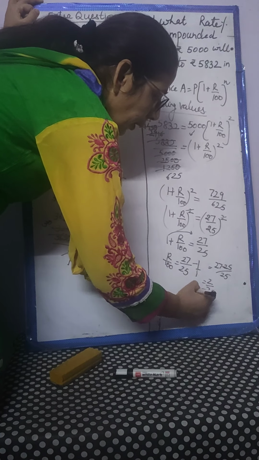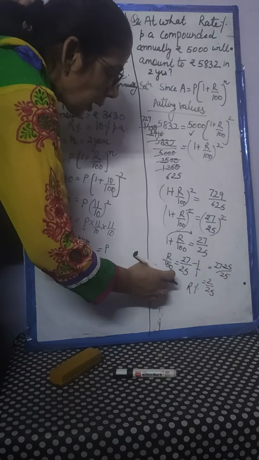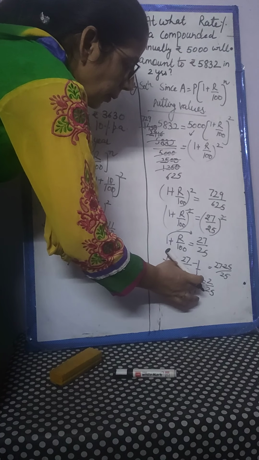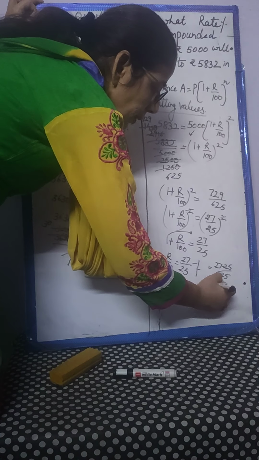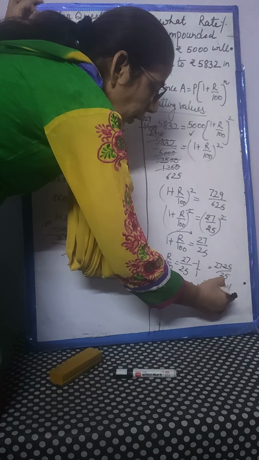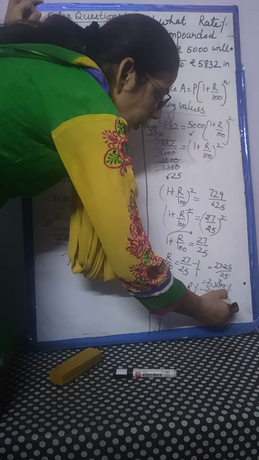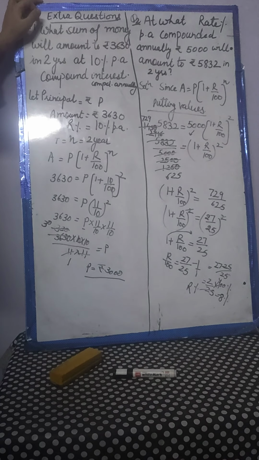This is R by 100. So rate percent, if I have to find, I'll multiply this with 100. 25 fours the 100. So answer will be 8%. Got it? We are to find rate and this is coming to be 8% per annum.